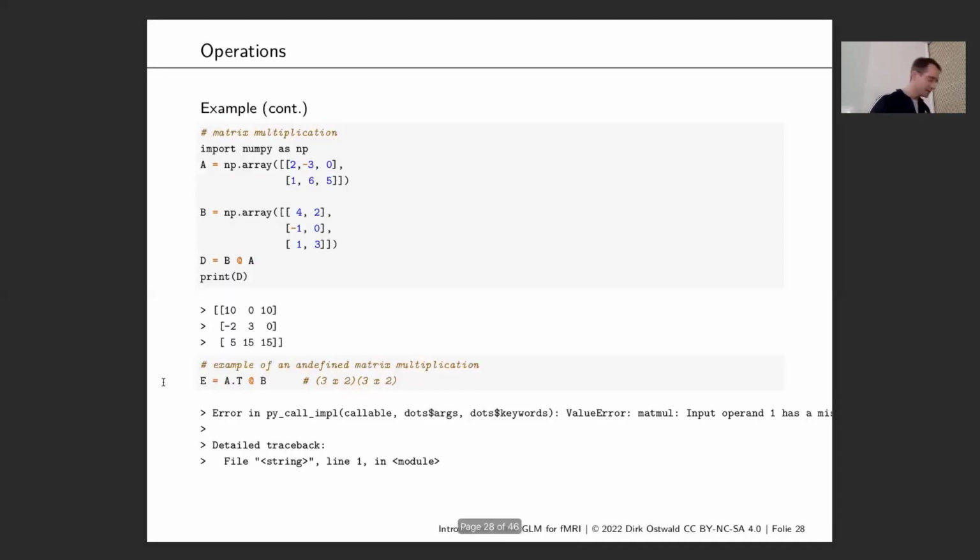So that's matrix multiplication, and that's really important. Do you have questions about this? Okay, so the first thing that you always need to figure out is what's the size of the resulting matrix.